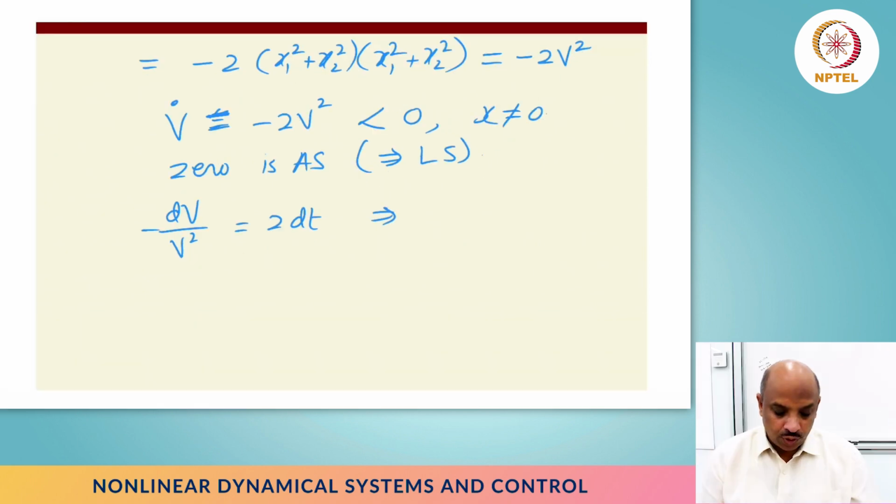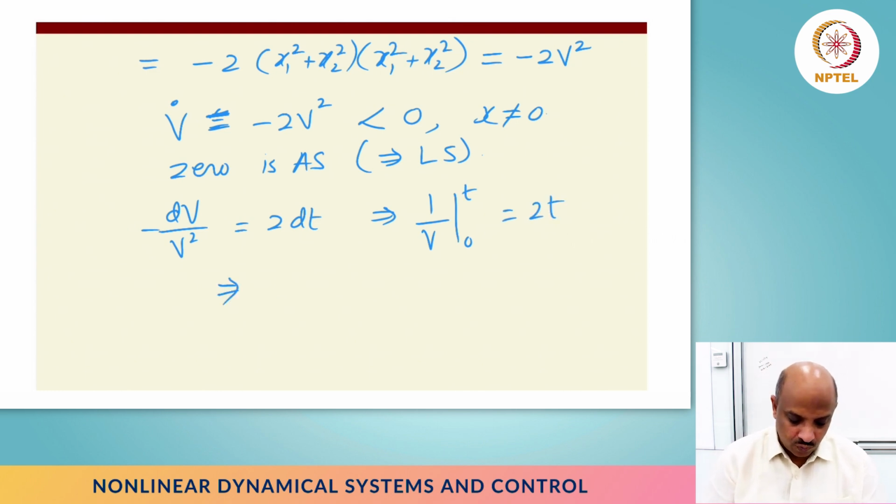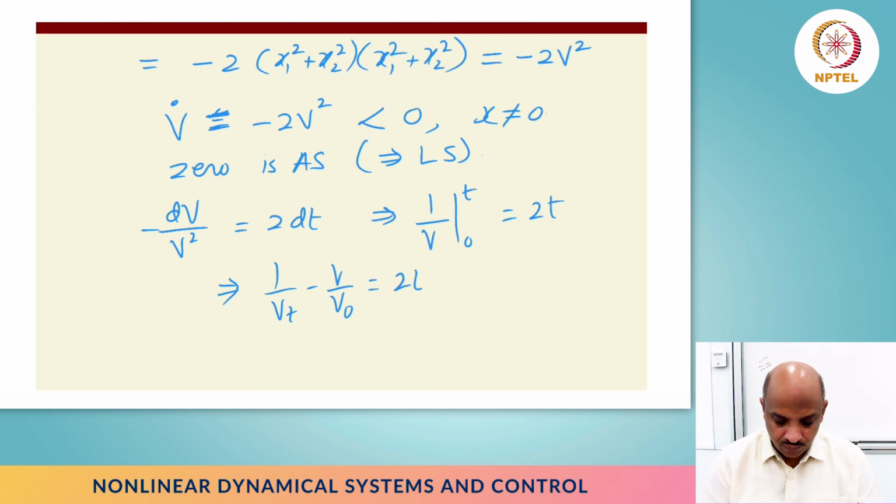Okay, so we use this v dot is equal to minus 2v squared, and we can rewrite that in terms of differentials, and that will give us, when we integrate it, the integral of 1 over v from v0 to v(t) is equal to 2t, which implies 1 over v(t) minus 1 over v0 is equal to 2t.